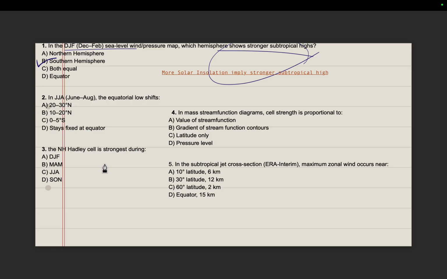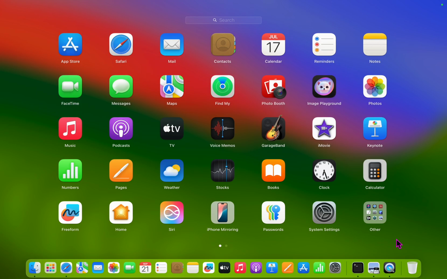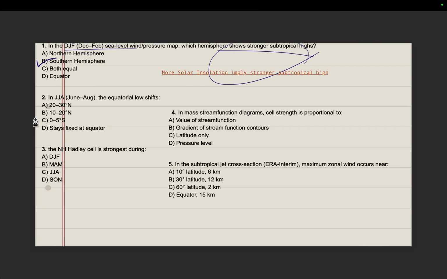We have seen in this figure that B is correct. Yes, the equatorial low is directly linked with the solar insolation, and the solar insolation shifts this equatorial low to 10 to 20 degrees north.